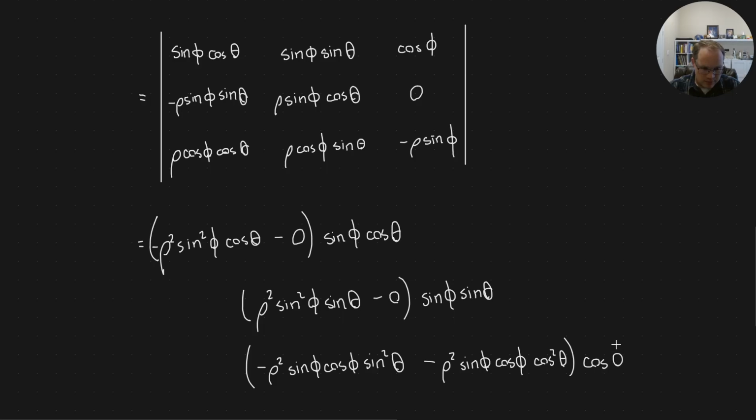Cosine phi. Okay, alternate signs, plus, minus, plus. Okay, that looks like a big mess.